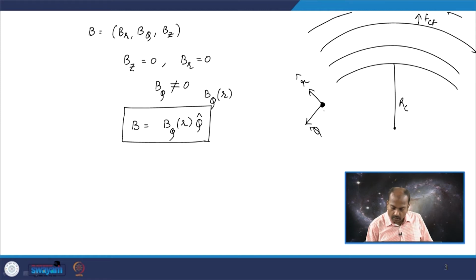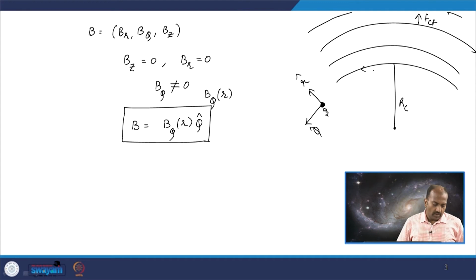Again, the magnetic field is directed along phi cap. The strength of the magnetic field is decreasing as you increase the value of r, and there is no magnetic field component across the z direction. So, simply we have transformed this into cylindrical coordinates.